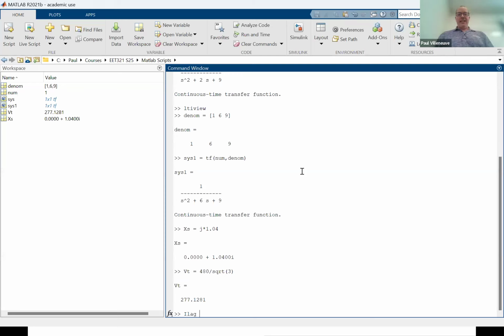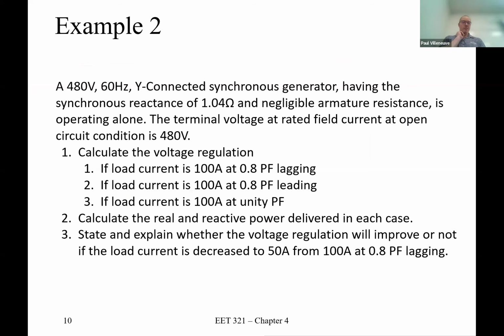I'm going to call it I lagging, equal to 100 times exp of negative j times the inverse cosine of 0.8, because we have to use Euler's identity, and it's a negative theta. That was our first one, 0.8 lagging.